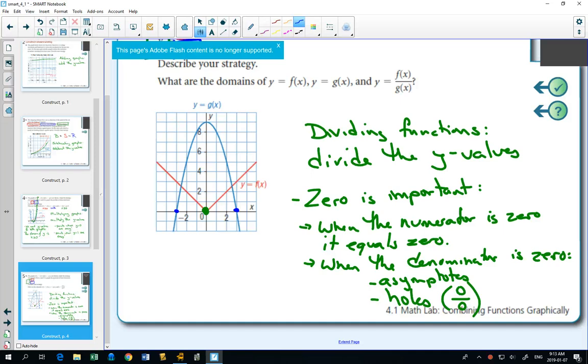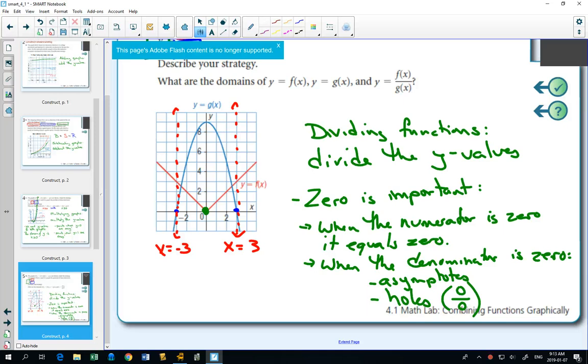Because that's how you would get those to be zeros. In this case, we are going to have asymptotes, so take out your red pens and draw in your asymptotes at x equals 3 and negative 3. They're asymptotes because we can't divide by 0.